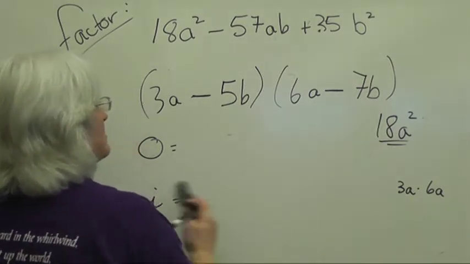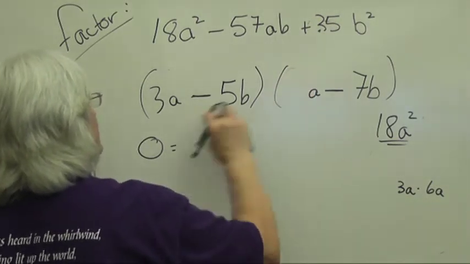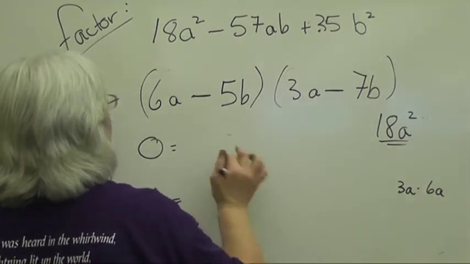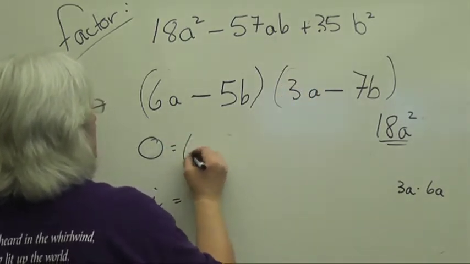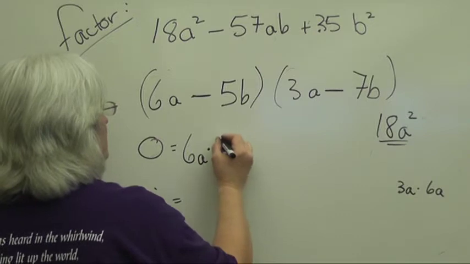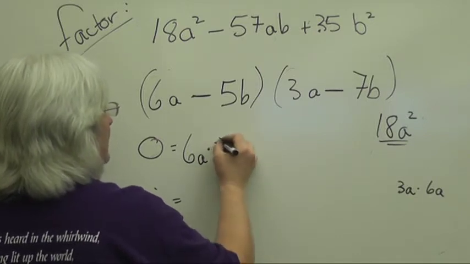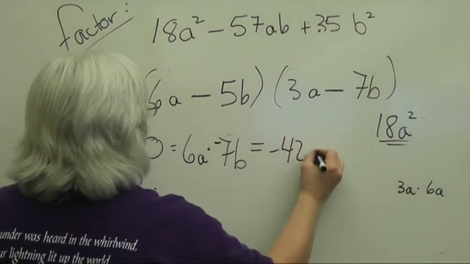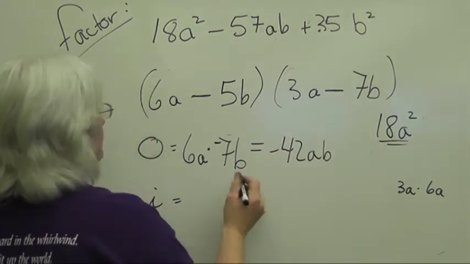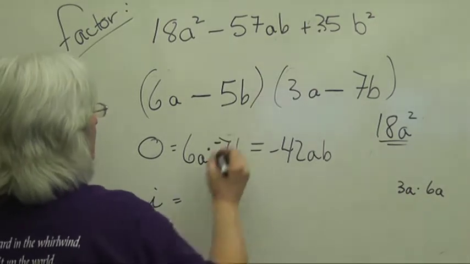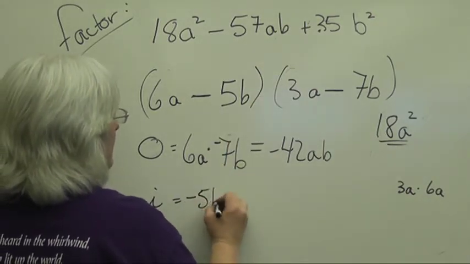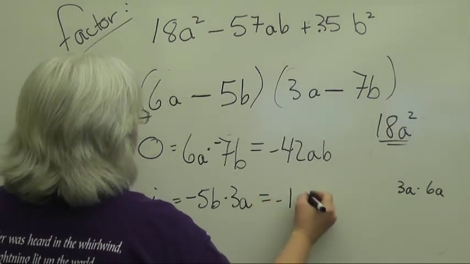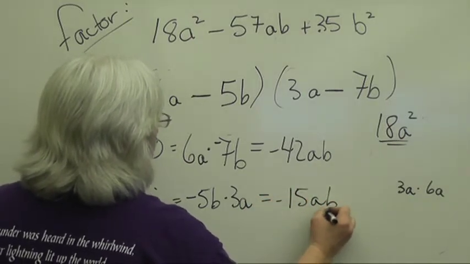So we're going to switch the order of the 6 and the 3. We have 6a and 3a. Outer products, 6a times a negative 7b, negative 42ab. Inner product, negative 5b times 3a is a negative 15ab.